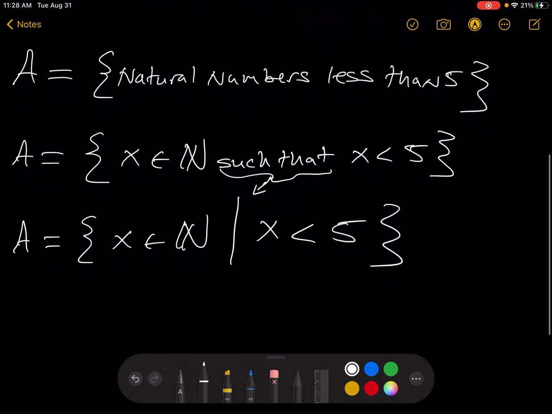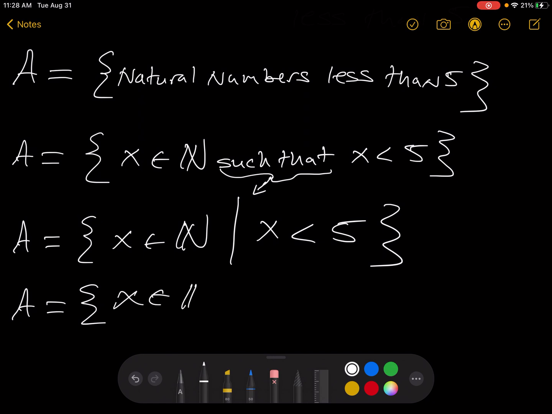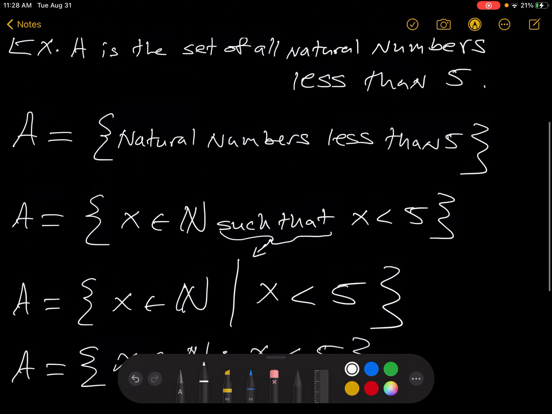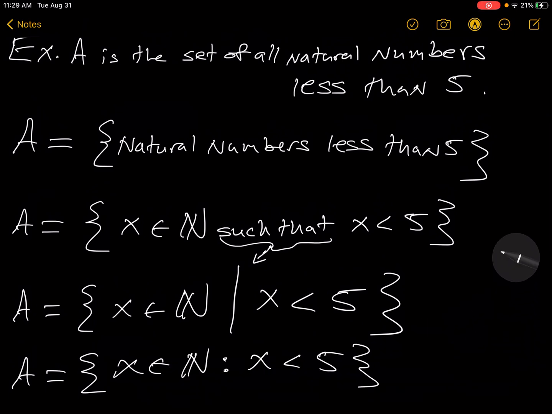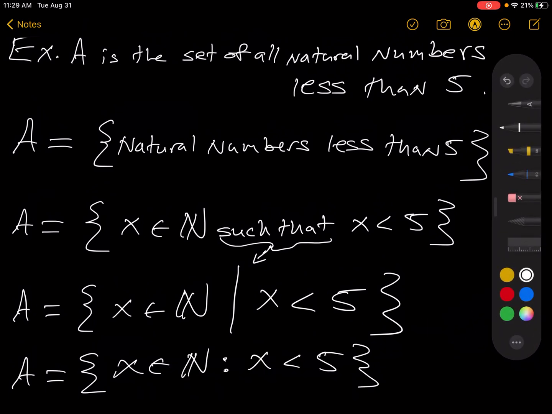Now the Zybook may use, and in other classes you may see, such that abbreviated with a colon. So you might see this as x in natural numbers such that x is less than 5. But they all mean the same thing.